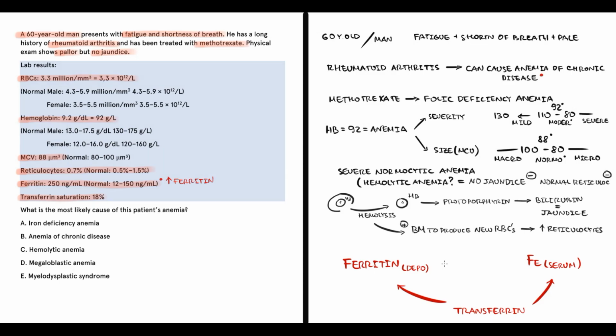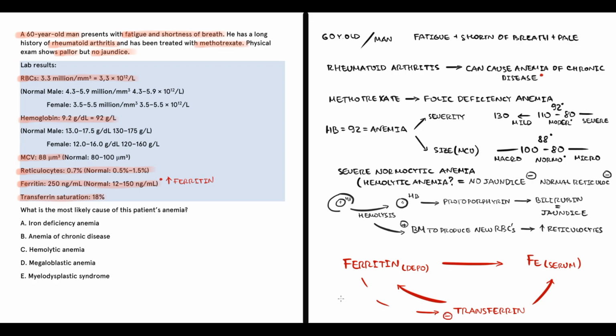Usually, we take serum iron from ferritin, which is logical because ferritin is the depot of iron. Also, we know that the level of transferrin depends on the level of ferritin. Basically, the higher the ferritin level, the lower is the level of transferrin.